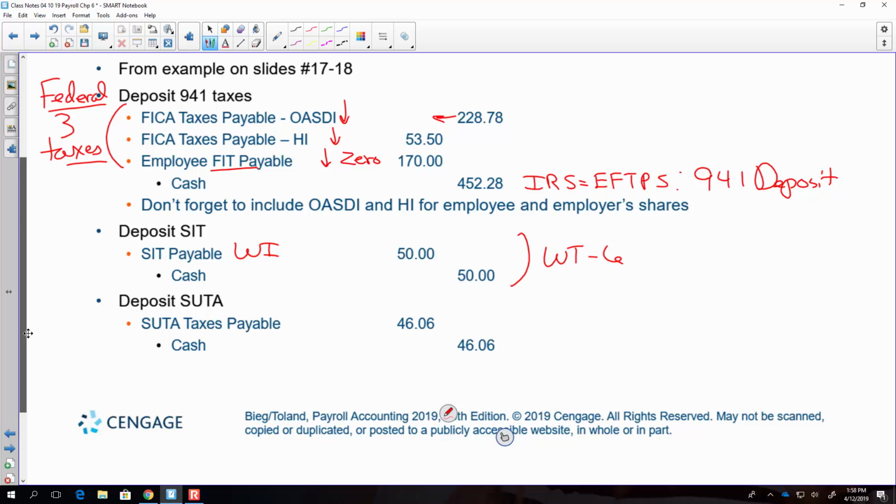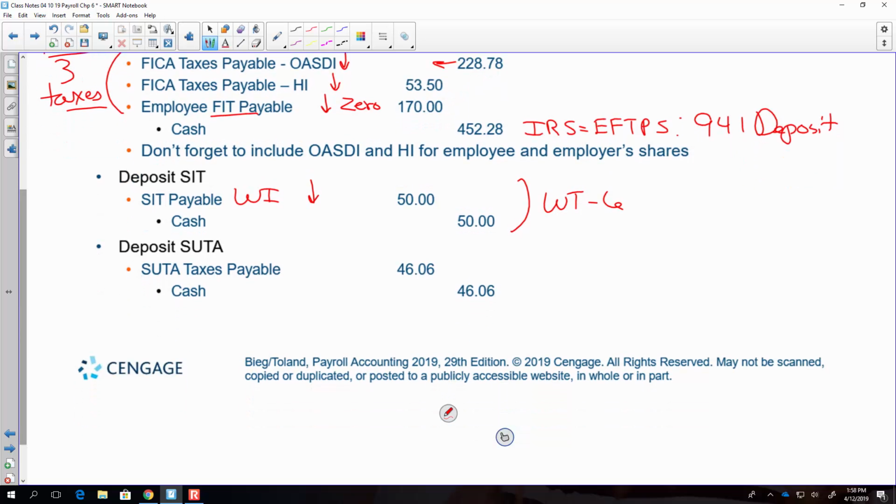Again, what's the goal with the deposit? We're going to try to make that balance zero. And then finally, we could have actually two here. We could have not only SUTA for state unemployment, but we could also have FUTA tax payable for the 940 deposit.